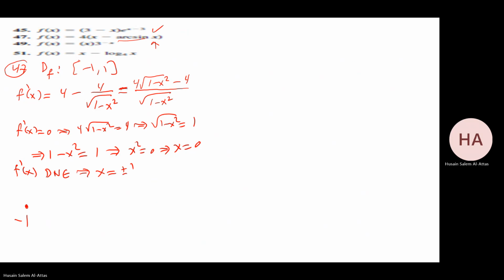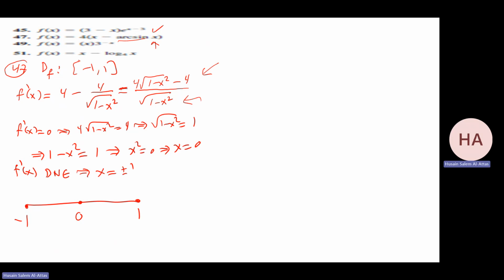The domain is -1 to 1, and I have 0 here. Check the sign now for this function. The denominator is always positive, so no worries. Take -1/2.